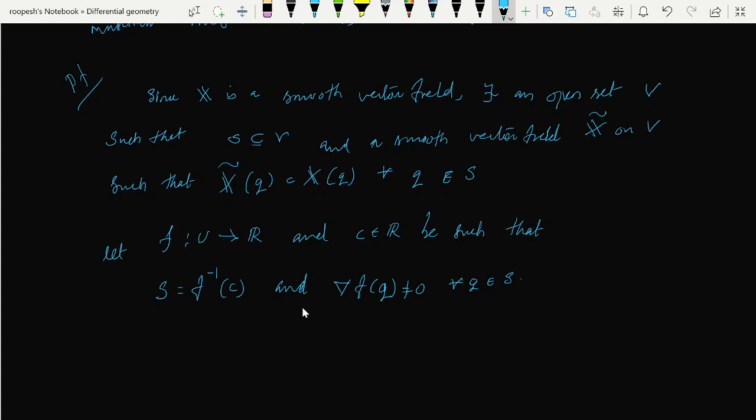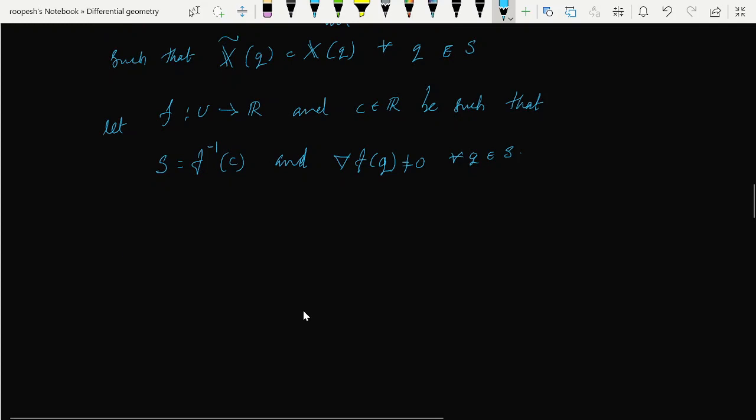Now let W be the set of all q belongs to U intersection V such that del F of q is not equal to 0.